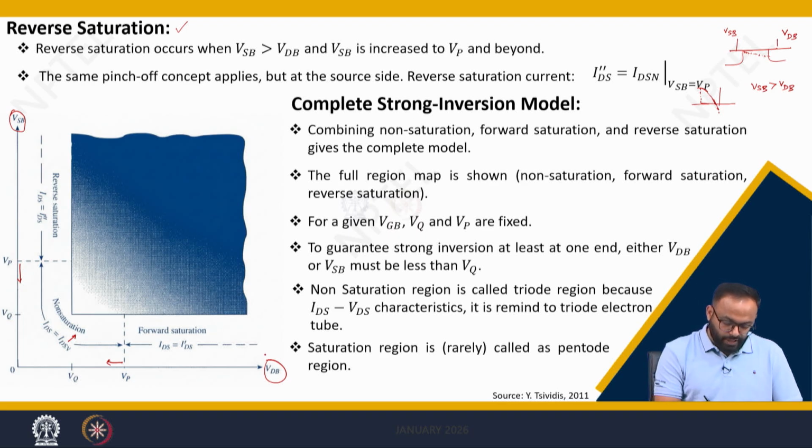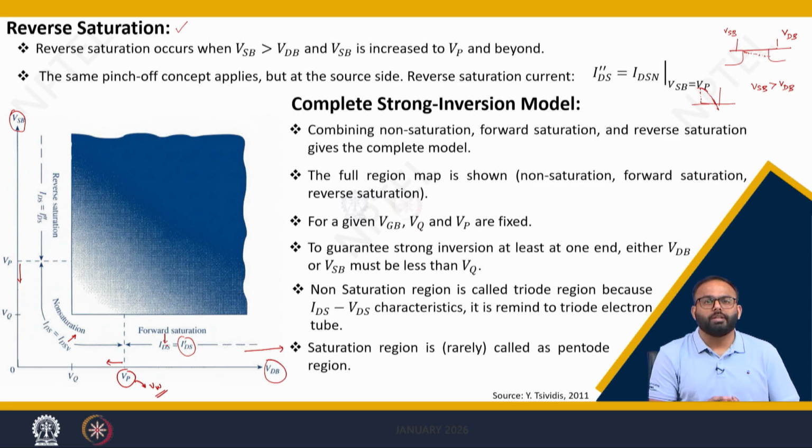However, if VDB increases beyond pinch off voltage, right, in previous analysis we defined as VW, correct? VW beyond which the weak inversion starts. So beyond pinch off voltage, what will happen? The drain current is getting saturated, and hence you cannot represent the current by IDSN, you need to represent it by IDS dash. This is called forward saturation when VDB is increased over VSB, and when VSB is increased over VDB, this is called reverse saturation.